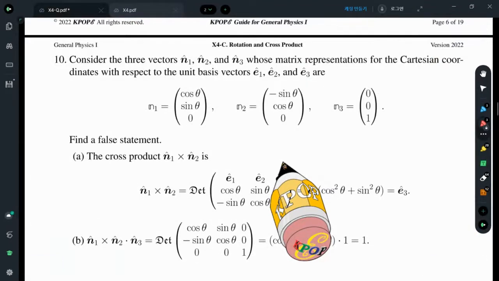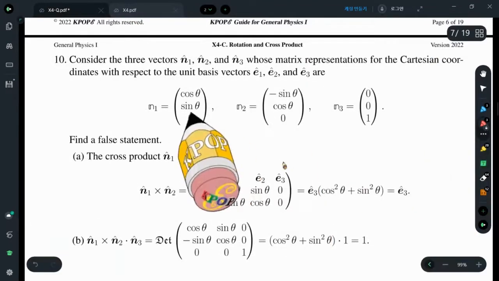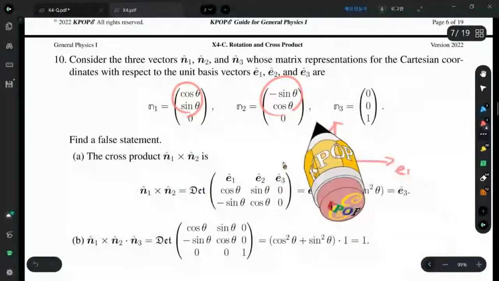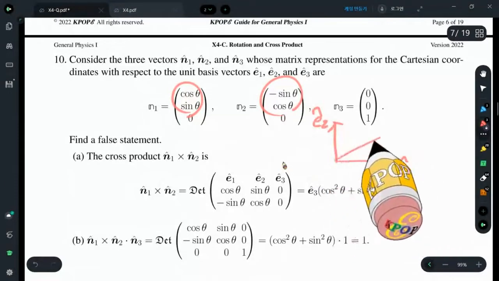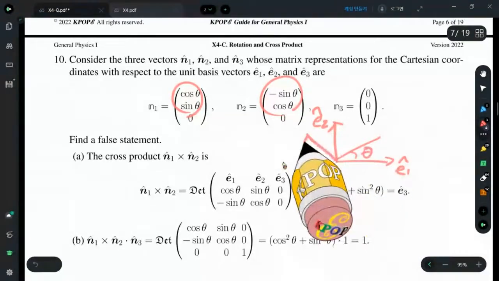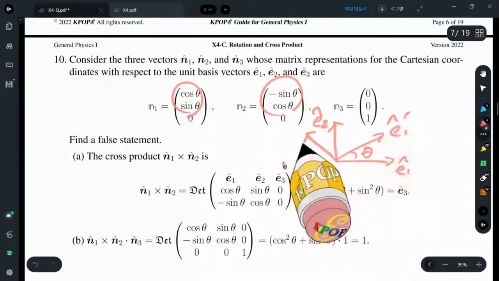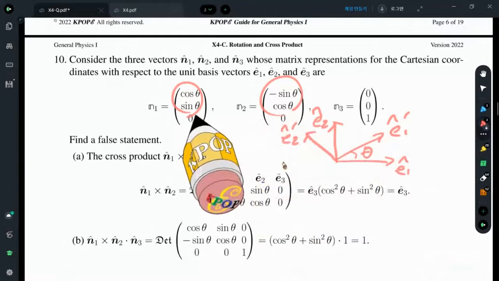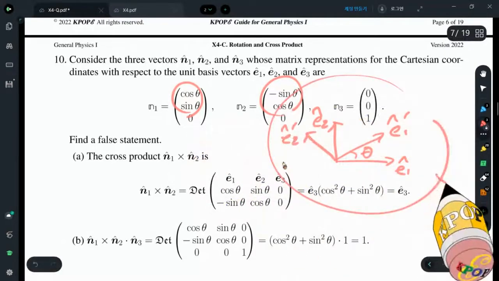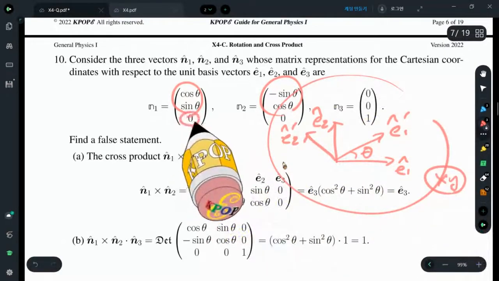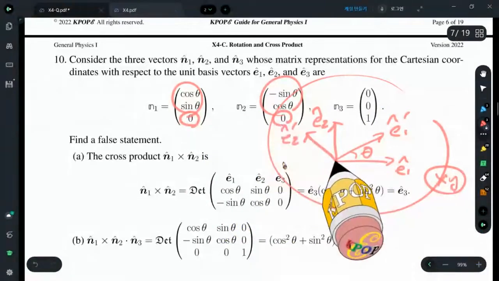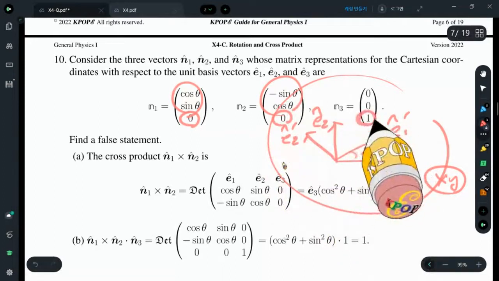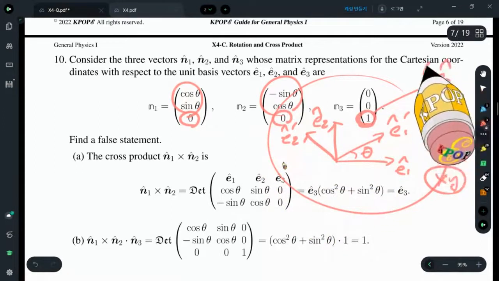Okay. We remember these are E1, E2, and after rotation by angle theta, we have E1 prime, E2 prime. This is the XY plane, and the Z component is all 0. The axis of rotation is actually the axis Z, this is E3 hat.